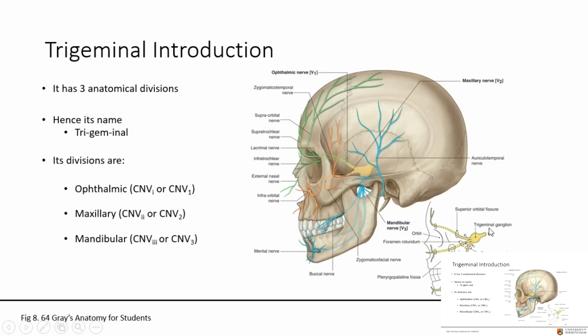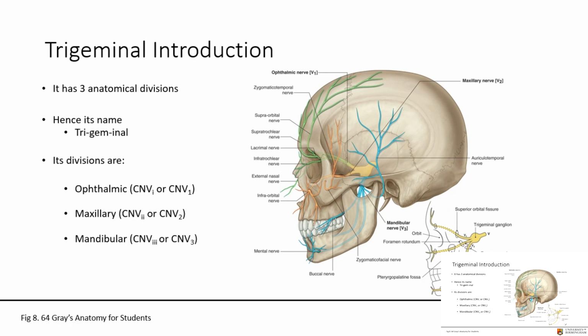It is called the trigeminal nerve because it has three divisions. The main three branches are these ones here. This one in green is the ophthalmic division, this orange one is the maxillary division, and this one here is the mandibular division.